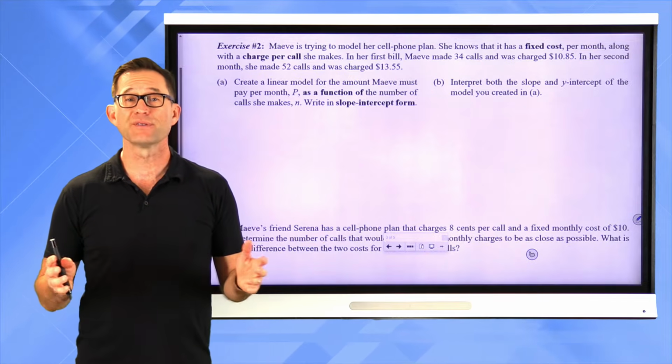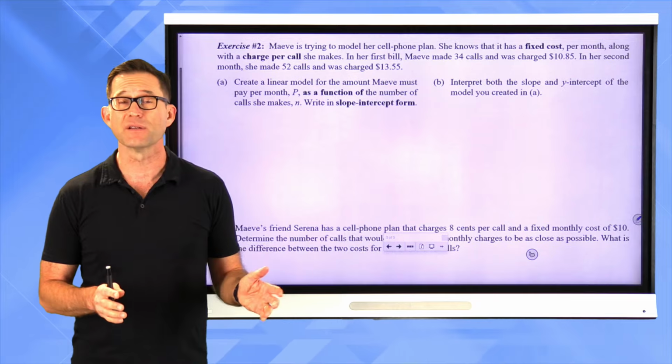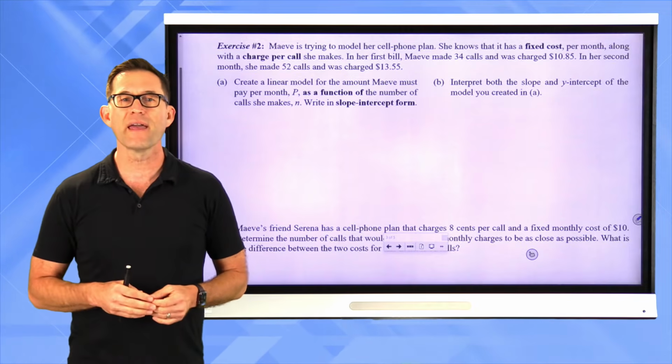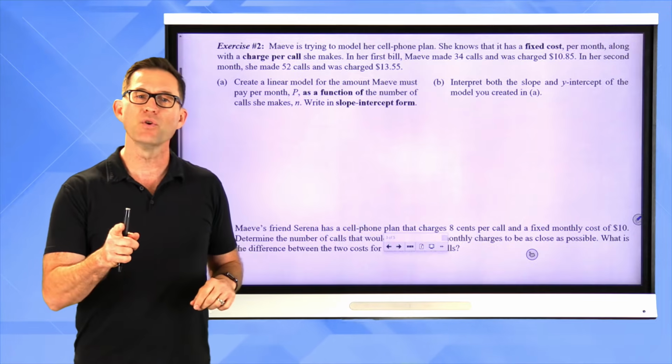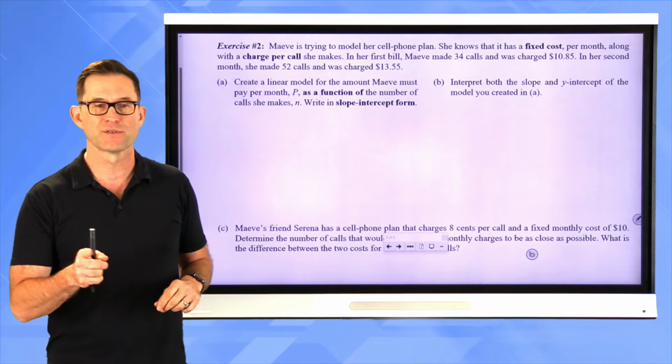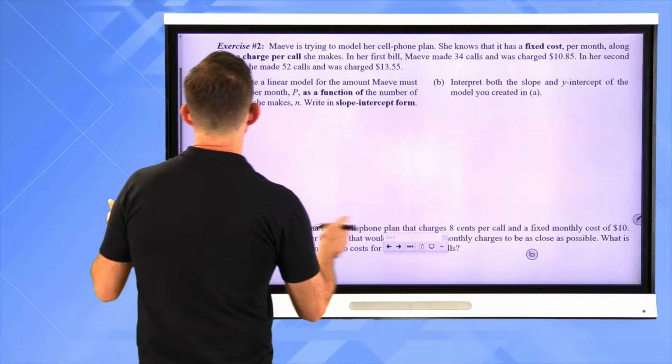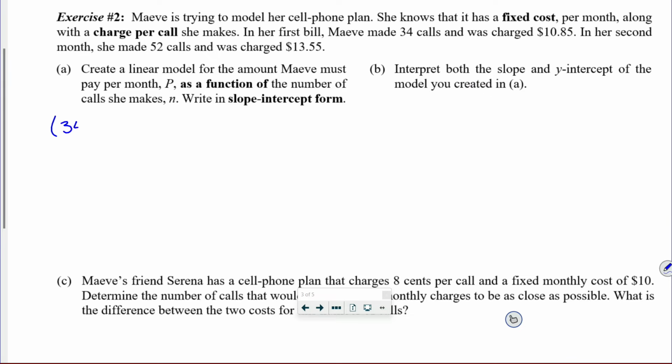All right. So this is very similar to what we did in the last lesson. Let's start together by laying out two coordinate pairs that are really given in this problem. Then I'm going to have you work on the linear model on your own. So we know that we've got the point (34, 10.85), and we've got the point (52, 13.55).